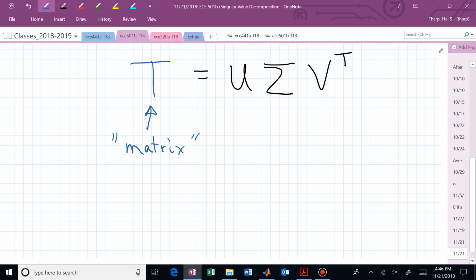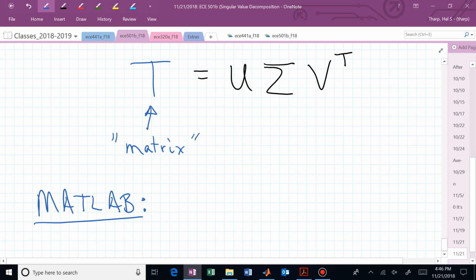And that can be done very cleanly in MATLAB with one command. If we simply say the output of our command in MATLAB is going to produce three objects. The first one is our U matrix.